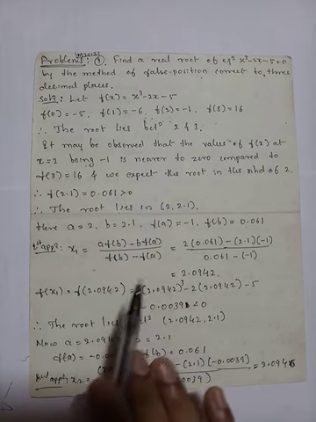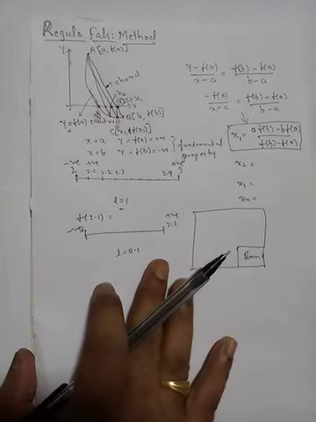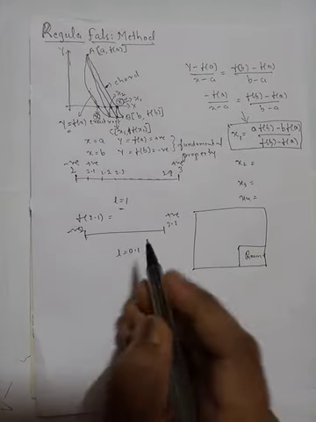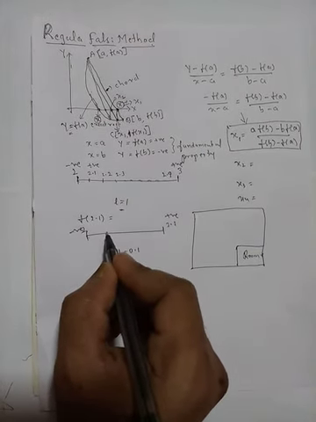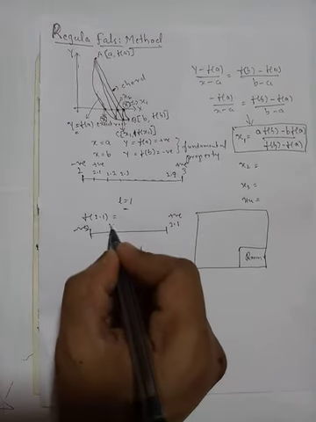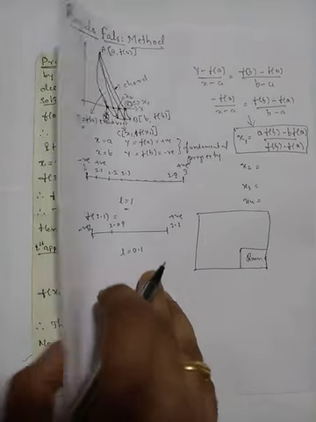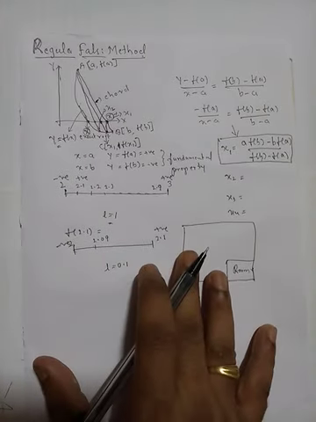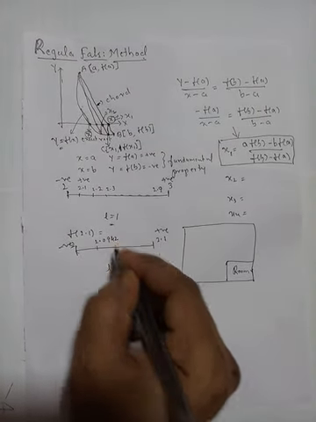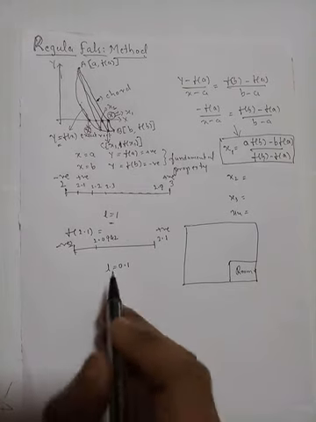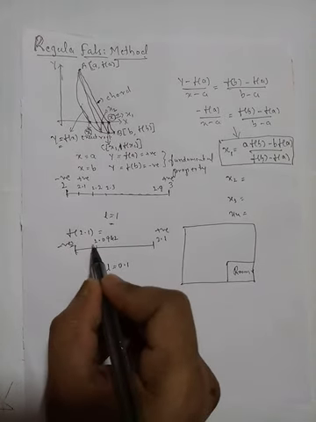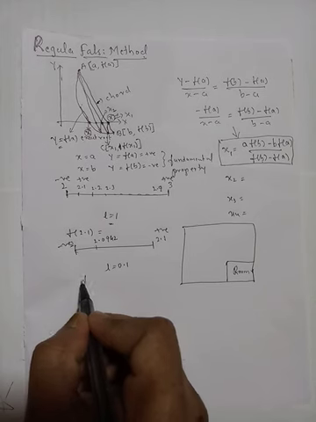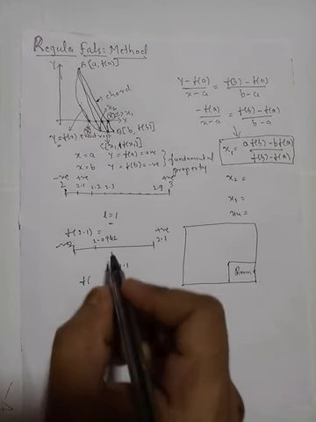Okay, the next work: between 2 and 2.1, we got the new value 2.0942.